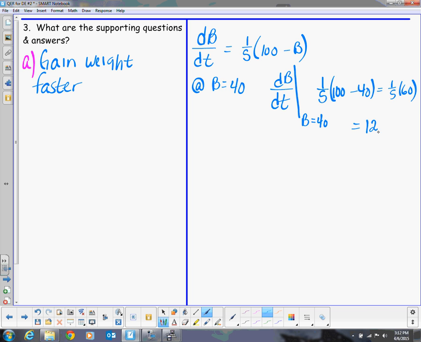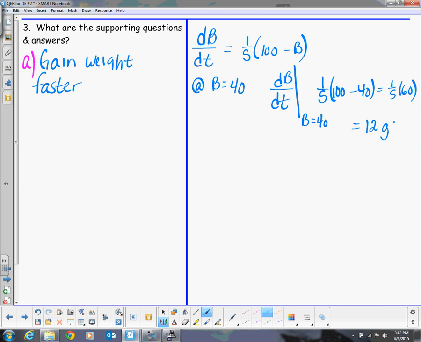Now what did I just find? I found dB over dt, so that means it is 12 grams, and what is my time? Time equals 0. And the weight of the bird is in grams after t days, so that's going to be grams per day.